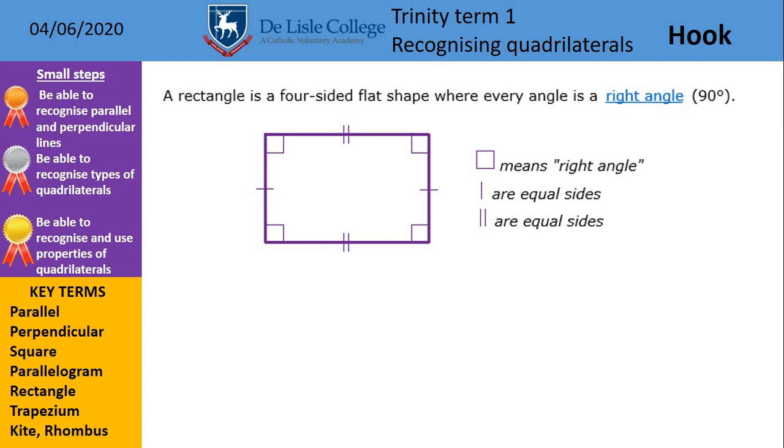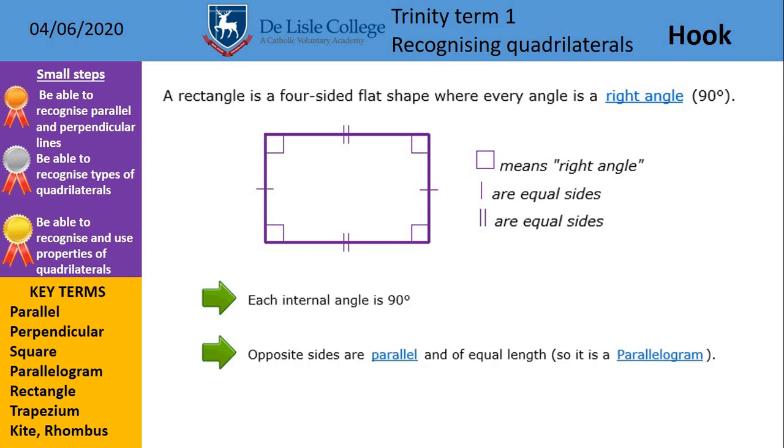And as there are two pairs, we've given one of the pairs one line, the other pair of equal sides we've given the double line, to show that they're not all the same, but there are two pairs of equal sides. Each internal angle must be a right angle, and the opposite sides are parallel and of equal length. Okay, remember parallel, those are two lines that are equidistant, they're always the same distance apart, and they will never meet.